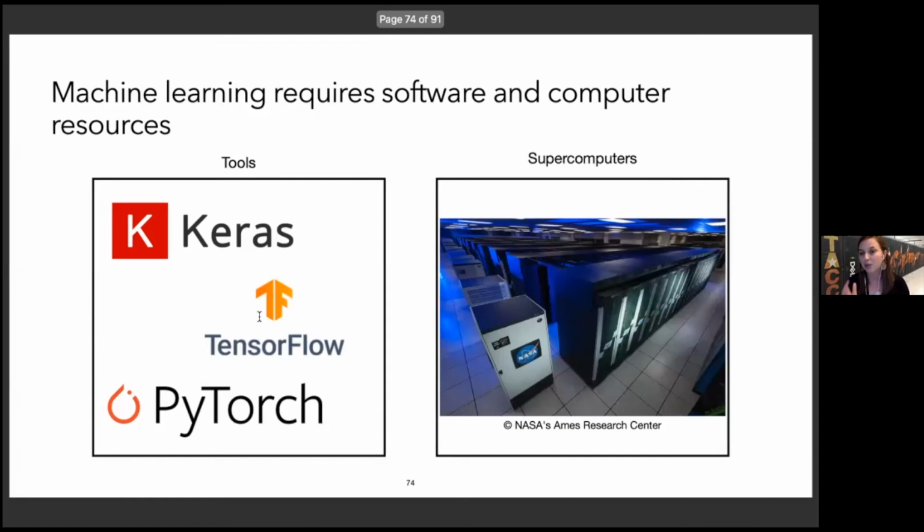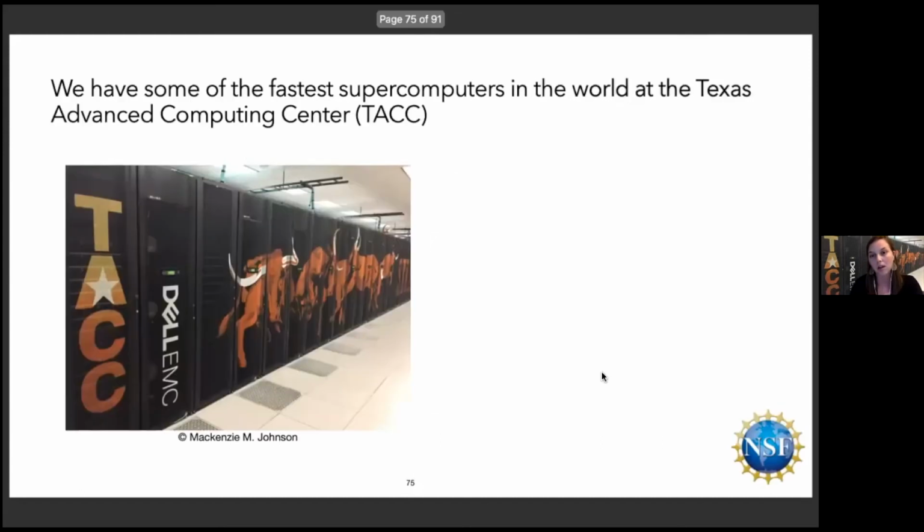And we also use supercomputers. In order to do work like this, you need more power than you can get on the computer that you have in your own home. So we use these things that we call supercomputers. This is an example of a supercomputer that takes up a whole room, and it's just stacks and stacks of computers inside here. This gives us a lot of power to do what we need to do.